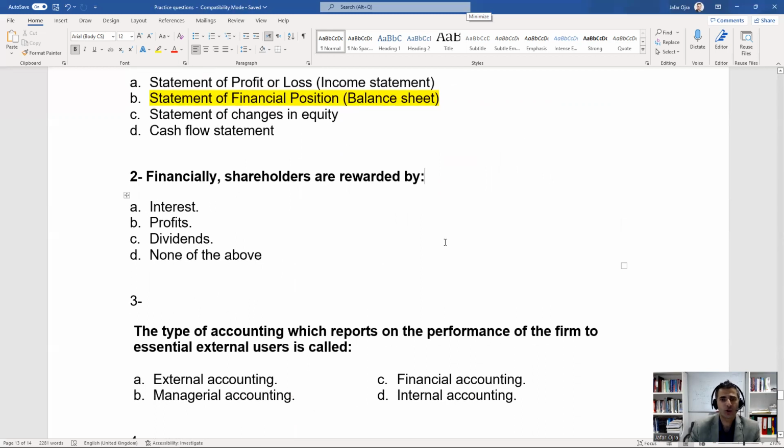Financially, shareholders are rewarded by. Now what do I mean by shareholders? If you have some spare money, for example £1 million, and you don't know what to do with it, hopefully, fingers crossed, always believe and dream. If you want to buy shares, you need to invest in some companies.